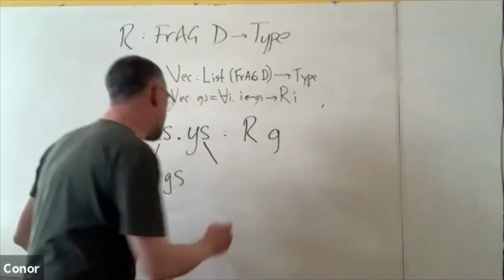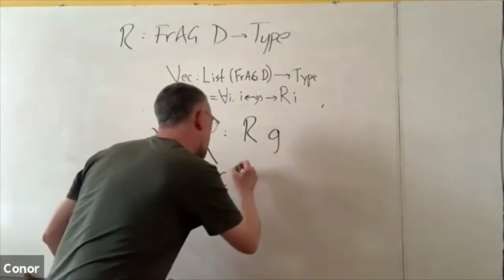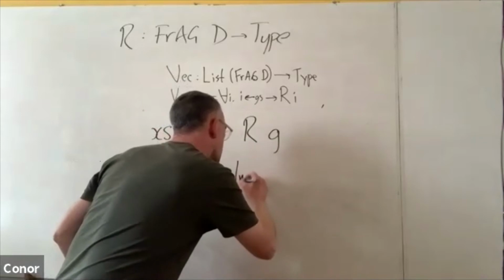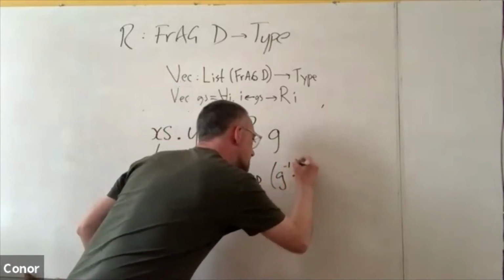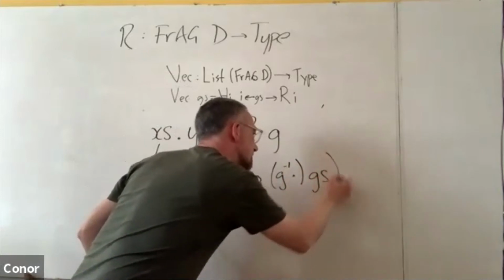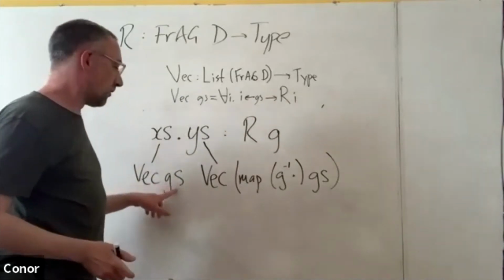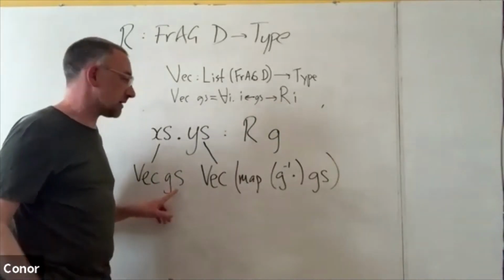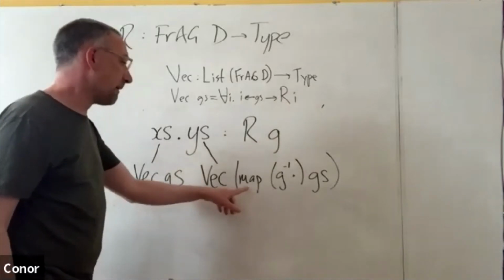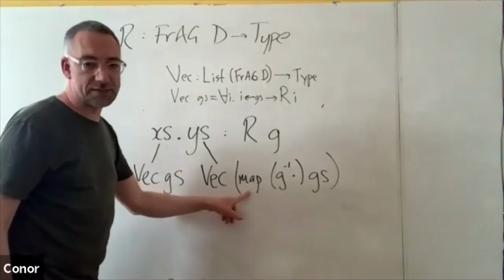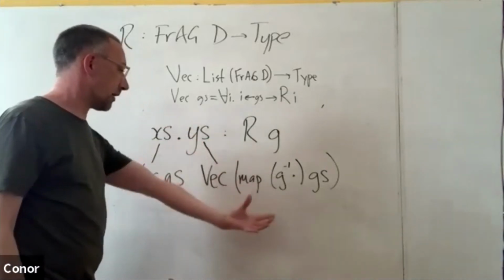So we can tell from that that the second vector had better have type map G inverse multiplies G's. So there's now some connection between what's at each position in the first vector and what's at each position in the second vector that enables us to say when this inner product makes sense.